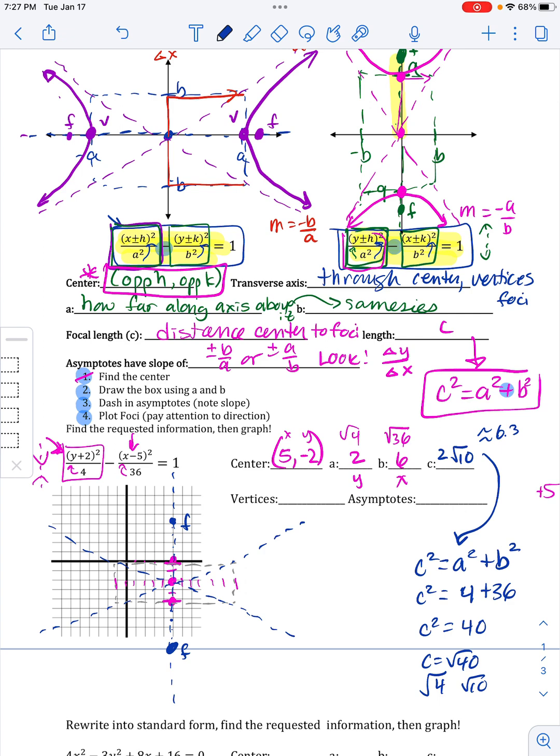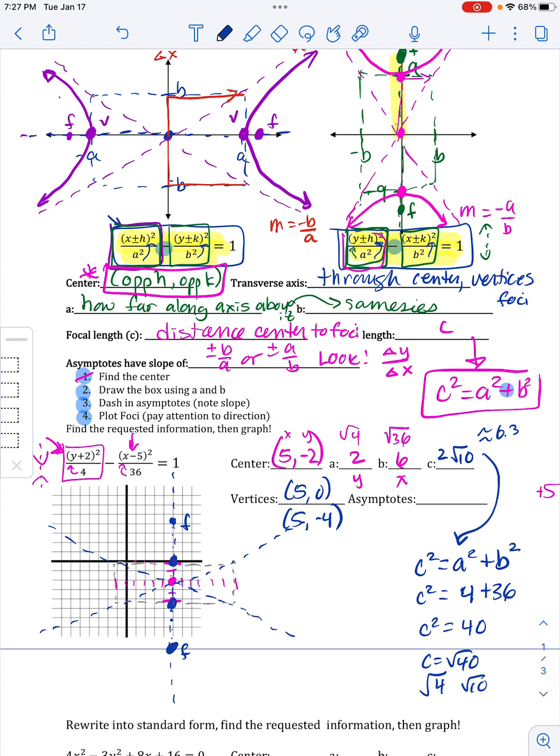All right. So now where are the vertices? Well, they are always on the transverse axis, however far you went up or down in this case from the center. I'm not going to learn a formula or anything. I'm going to look. It's over here. It's 2 above and 2 below my center. So that is going to put me at 5, 0 and 5, -4 for my vertices.